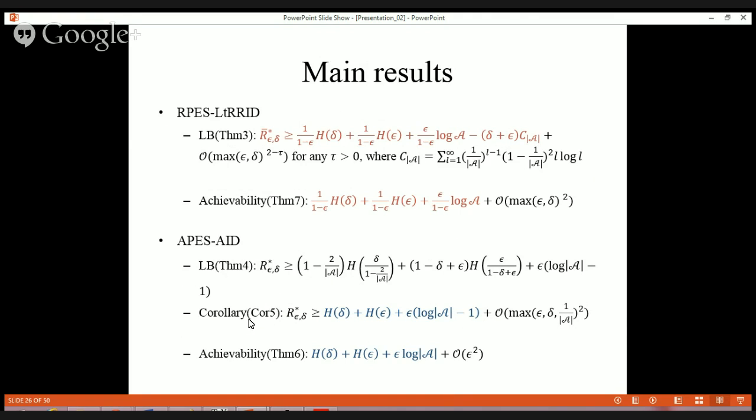This is presented in corollary 5. The achievable rate of our algorithm for the arbitrary model is presented in theorem 6. Comparing the corollary and the theorem, we can see the higher order terms match up to a constant times epsilon, where the constant is 1.